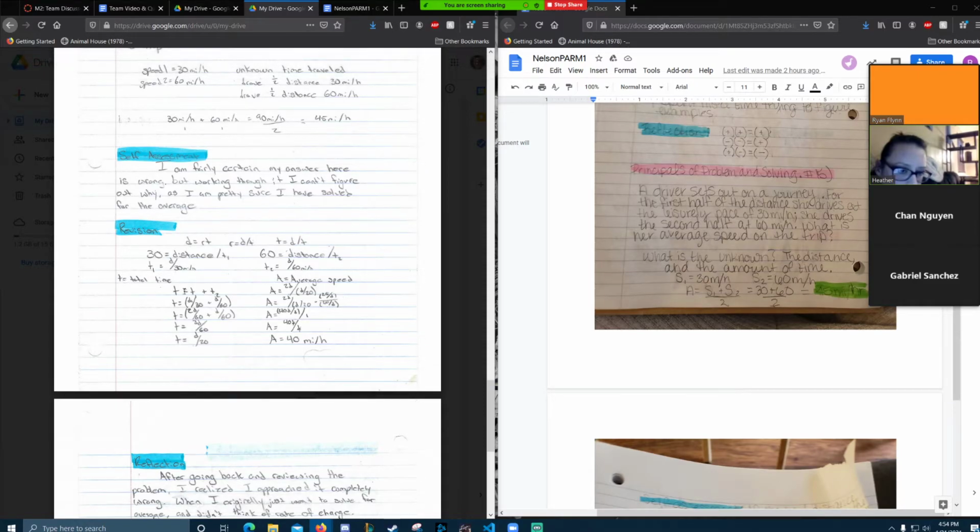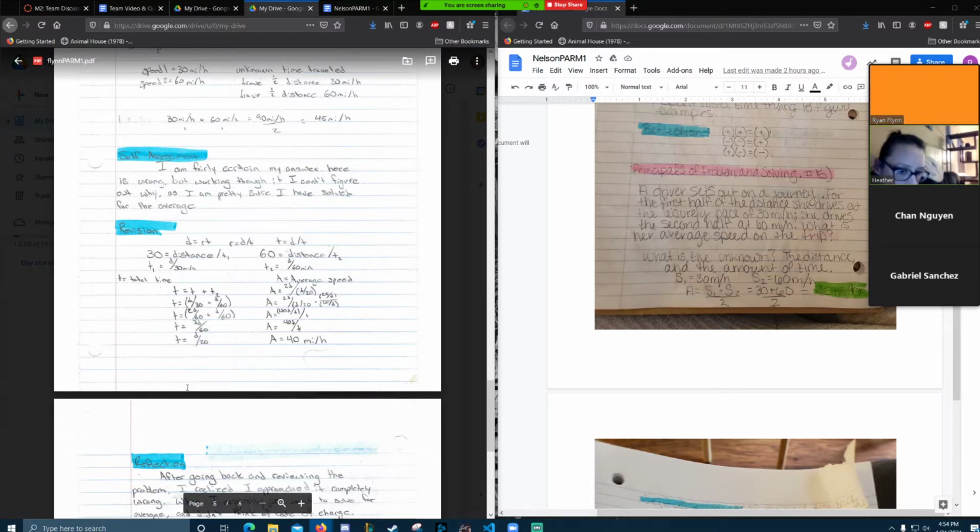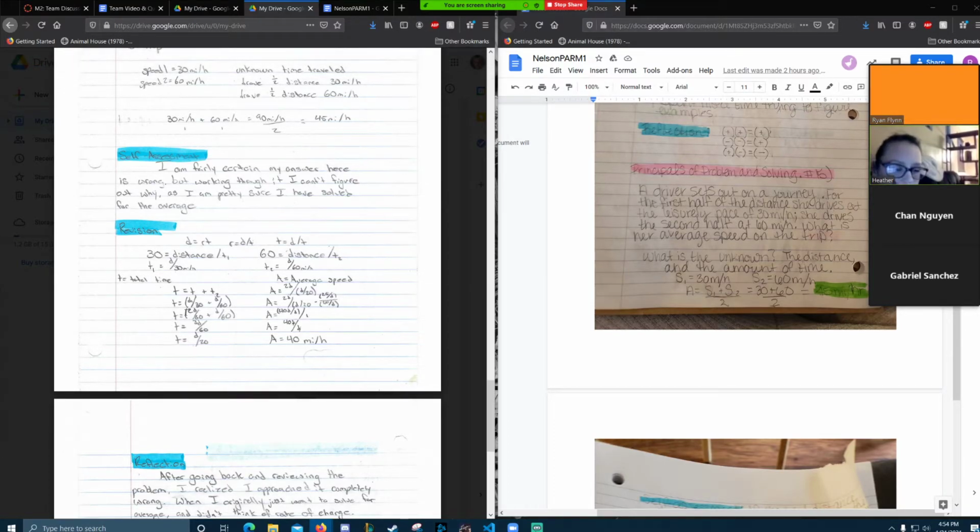So total time is T1 plus T2, and that's what we need. So T equals D1 over 30 plus D2 over 60, and then you solve for that. You multiply this by 2 so you can add them: 2D over 60 plus D over 60, and then you get T equals 3D over 60, and you reduce it. So T equals D over 20.